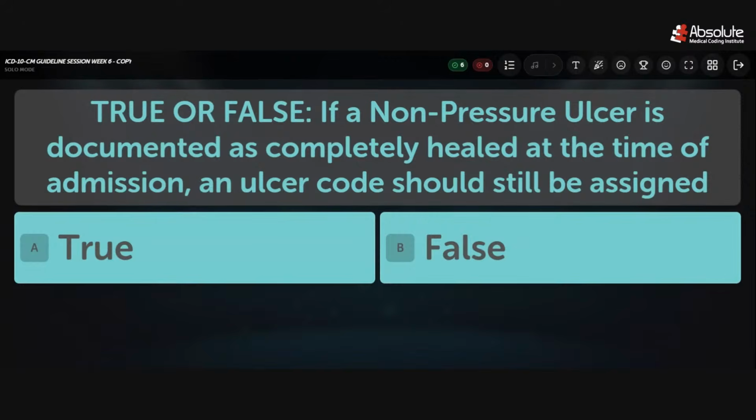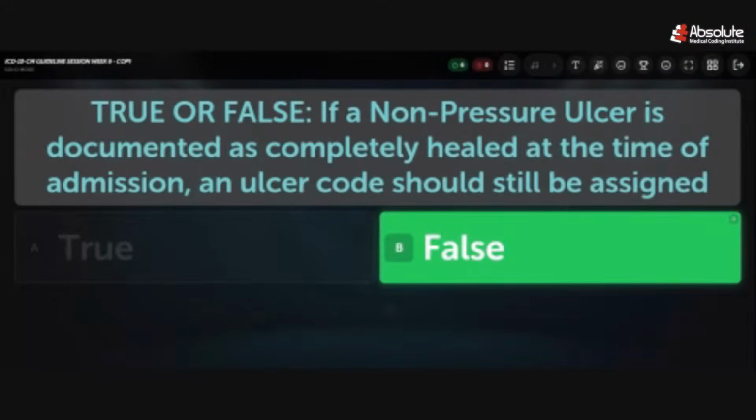Completely healed. So if something's completely healed, we are not going to use a code for an ulcer. So if you caught that one, great job.